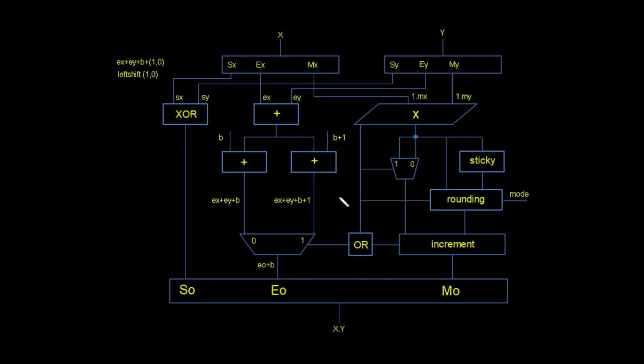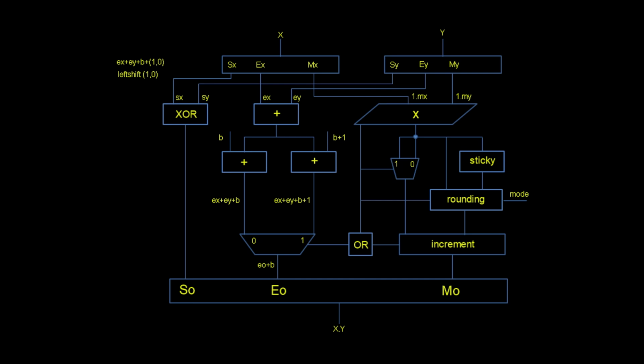We add the exponents and an extra factor of 1 potentially, and then we multiply together the mantissa in order to get the final output here for the mantissa. Then we concatenate it together, and this will give us our x times y.